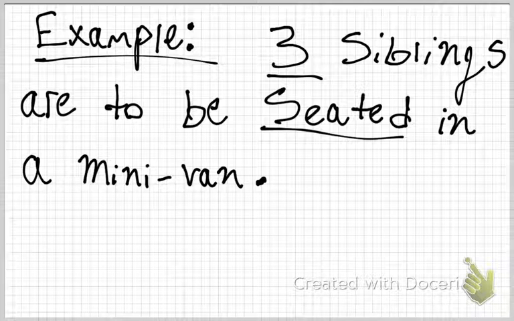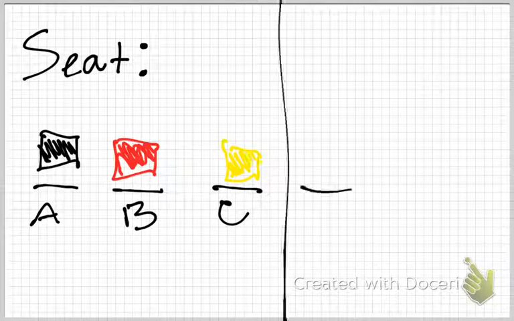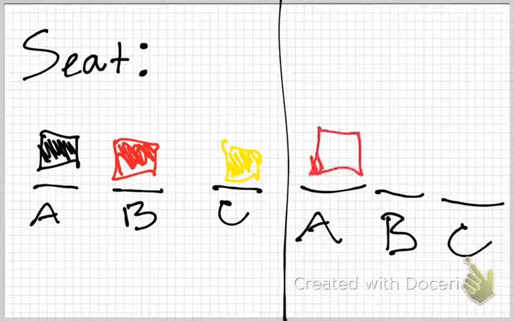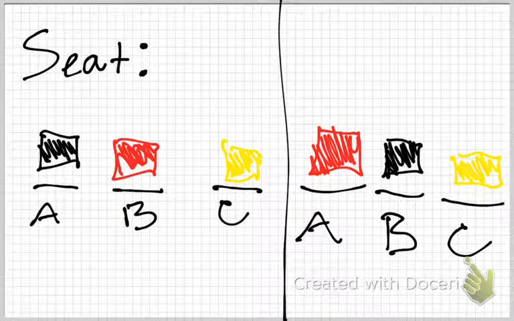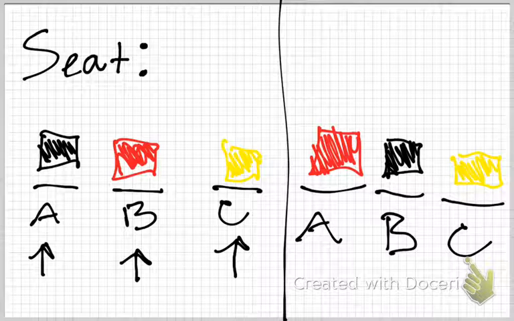All right. Let's say they're going to the store or something. Who knows? And only 3 of them want to go, or only 3 of them can go at the time. So look at what we have here. All right. So you got seat A, you got seat B, and you got seat C.